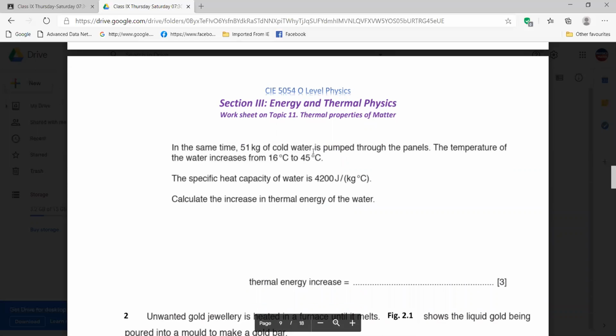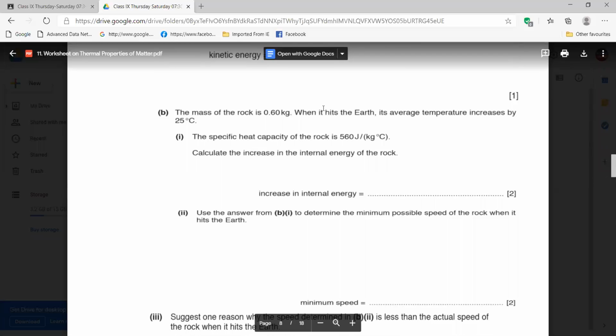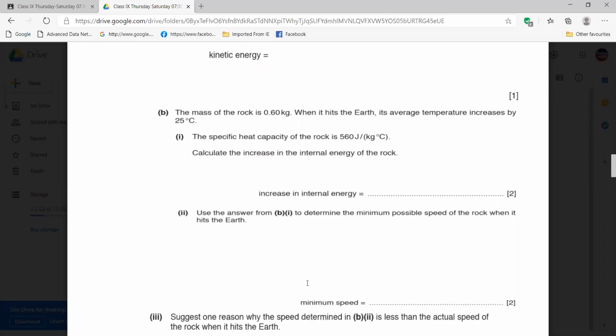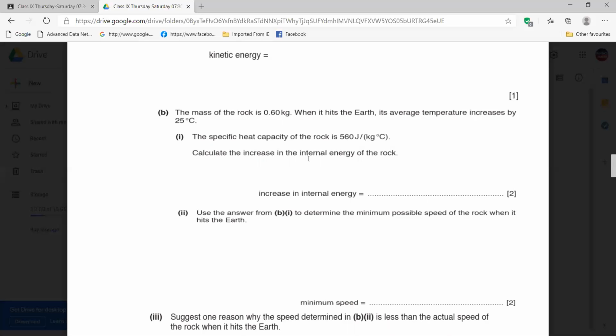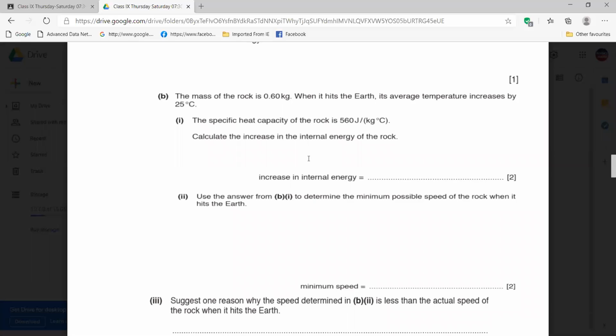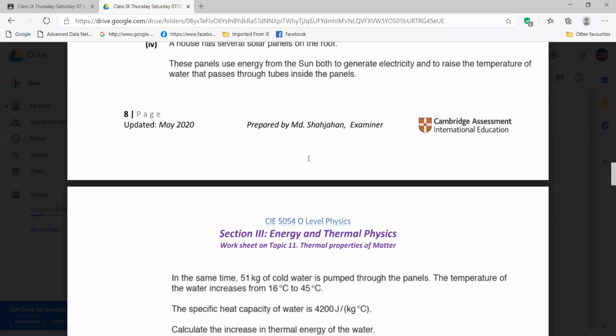No, what you are saying, this is about internal energy. We are not going for the speed one. You don't understand that you are given mass, you are given a specific heat capacity, temperature change, and which formula will be used? Is it related to speed or related to mass, energy, then temperature change and specific heat capacity? What is the formula then?